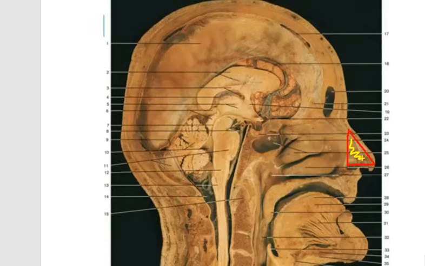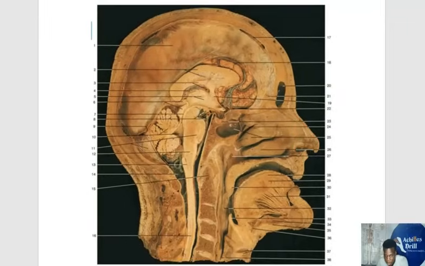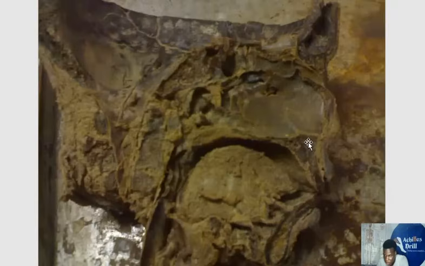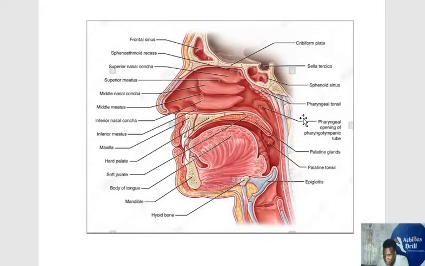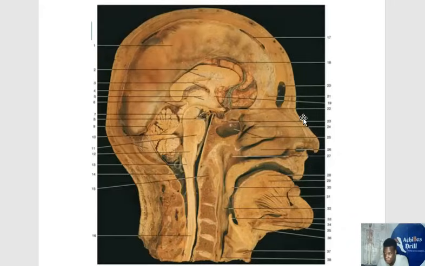This region is basically the septal cartilage, although it's not too defined here, but there should be a picture right here showing it. This is a cadaver picture, and you can see the septal cartilage here, which is separating the two nasal cavities.